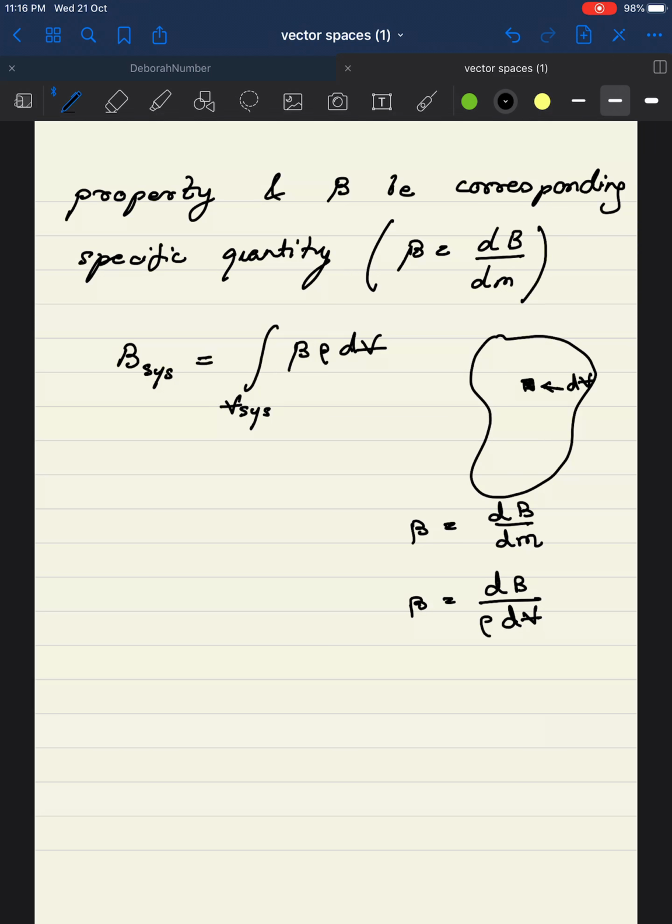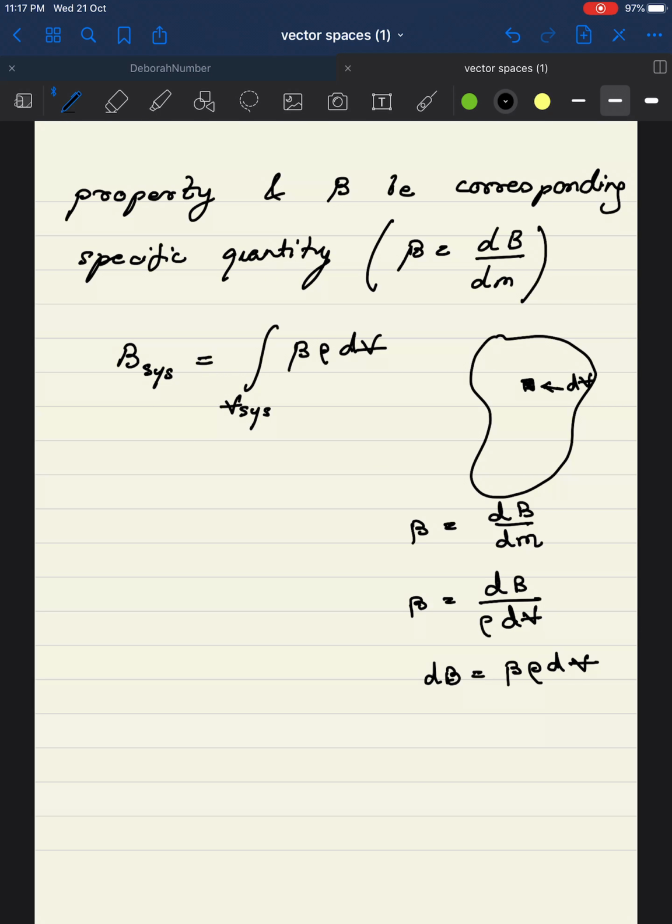So my dB is equal to beta rho dV. Now which capital B I am calculating will depend upon which volume I am integrating over. If I am integrating over the system volume, I will end up getting the B system, or the total transportable extensive property associated with this system.